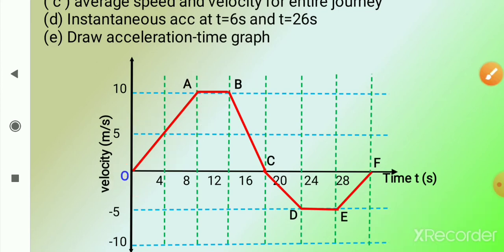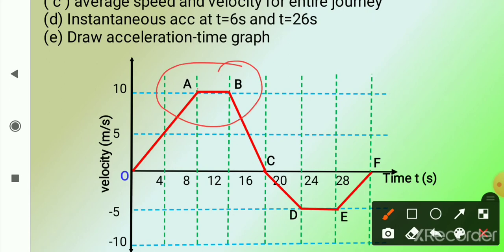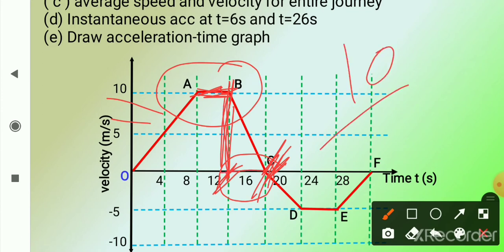For part AB, the slope is 0, so acceleration is 0. For part BC, the height is 10 and the base is from 12 seconds to 16 seconds. So base is 4. So you will get 10 upon 4.